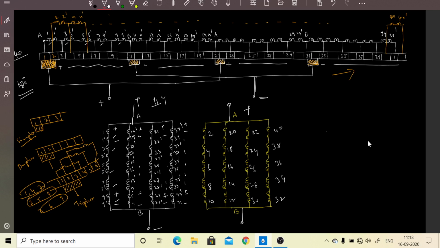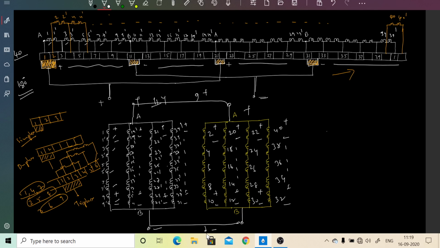Okay, this is plus, so plus minus, minus plus, like this. Now these two are connected like this, and these two are connected like this. This is minus and this is plus.